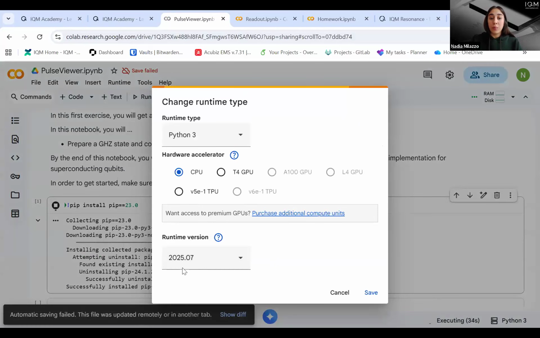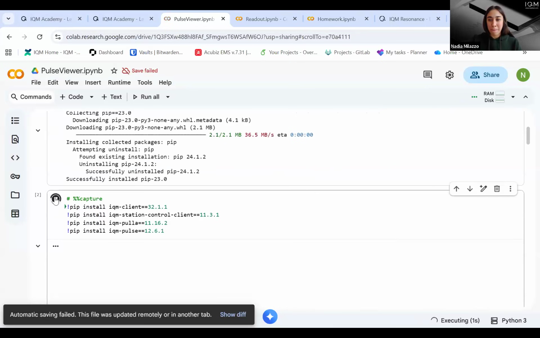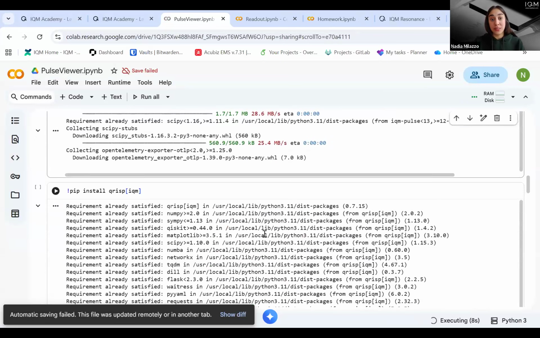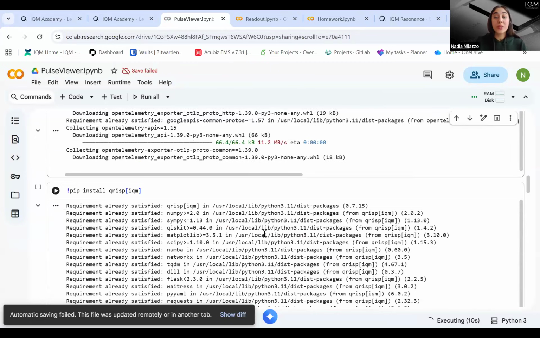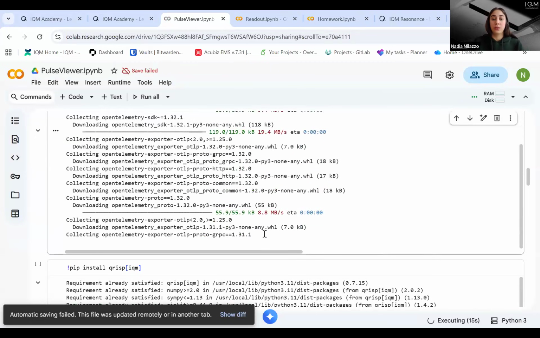So keep in mind to set the runtime version to this one, 2025.07. Otherwise, you will have more troubles installing the packages. Okay, this will take a bit of time and we will see the first restart request and we will hit yes. So we will not cancel it.